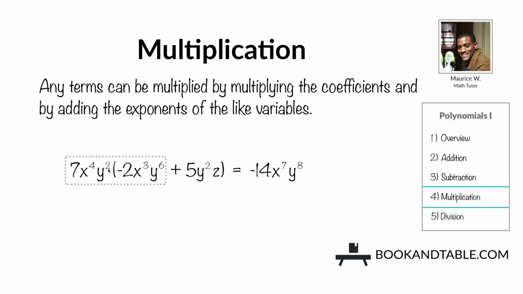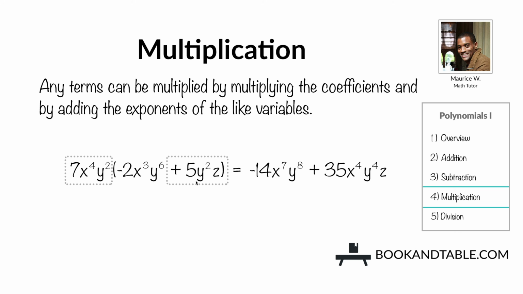And y to the 2nd times y to the 6th equals y to the 2 plus 6, which is y to the 8th. And now you'll want to distribute the term on the outside to the second term on the inside, giving you 7 times 5, which is 35. X to the 4th. There are no x's in this term, so we still have x to the 4th.